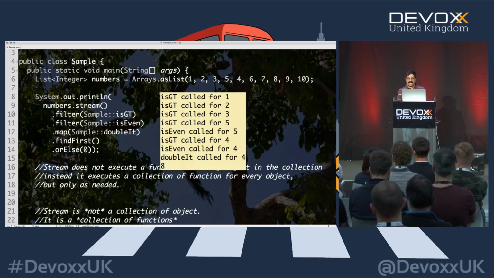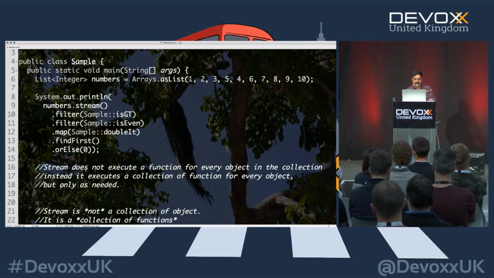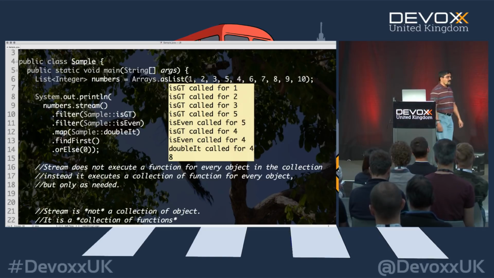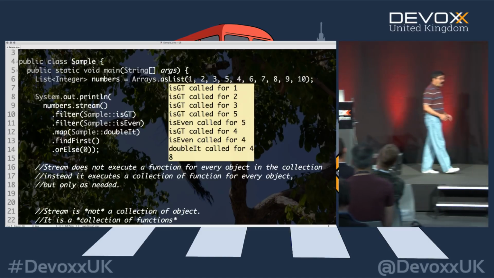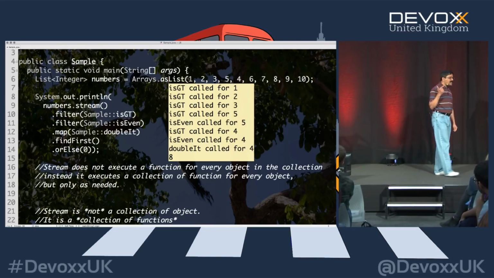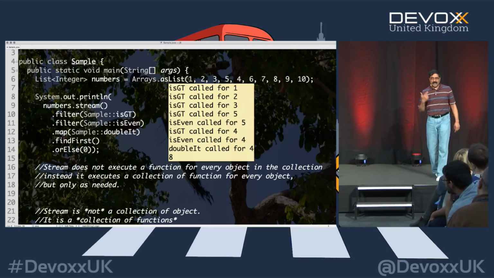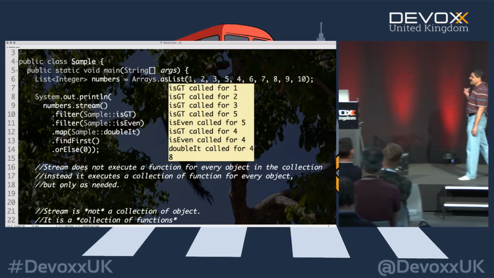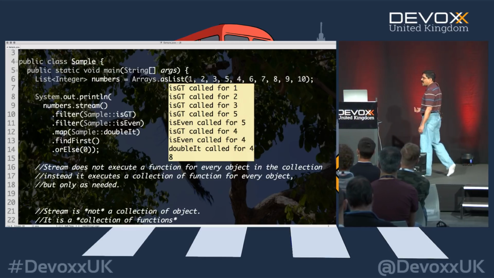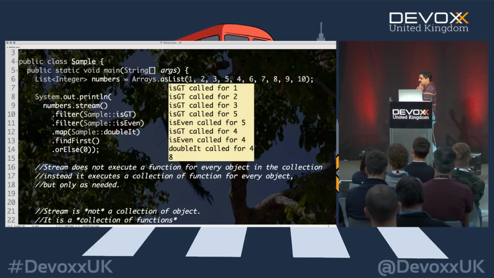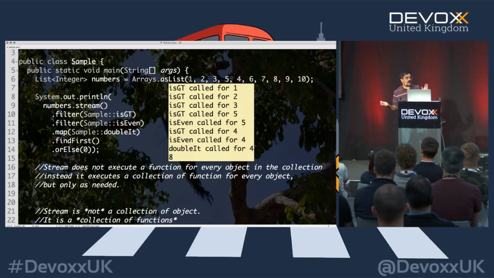It is identical to what the other piece of code did, which is the imperative style of code. So in other words, it started processing 1, and then 2, and then 3, and then 5, and then 4, but it never touched anything after 6 because the find first said, let's go home, we are done, we have the result on our hand.